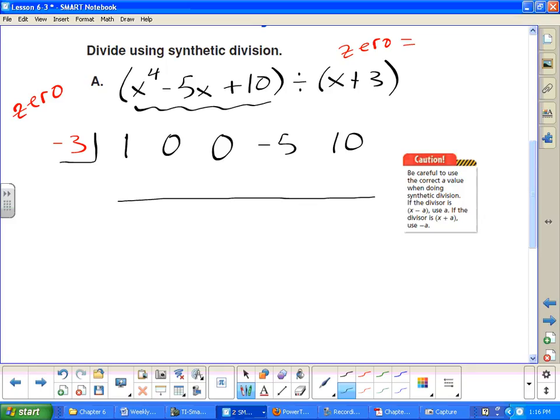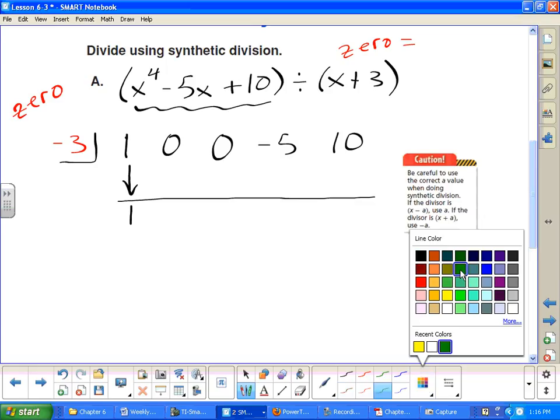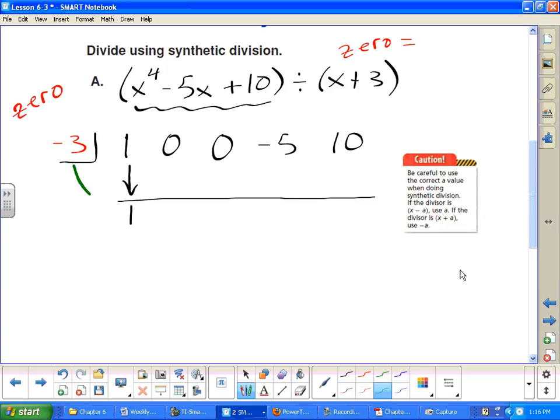Now the first thing you're going to do is bring this down. That first coefficient just comes right down underneath there. That's going to be my first answer, a 1. Now, we are going to take negative 3 and multiply it by 1 and put it up here.